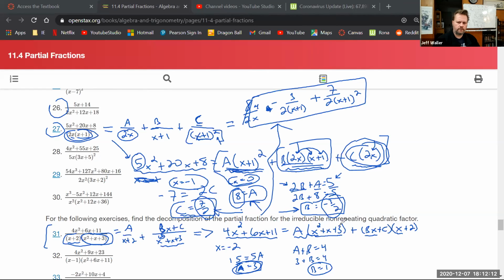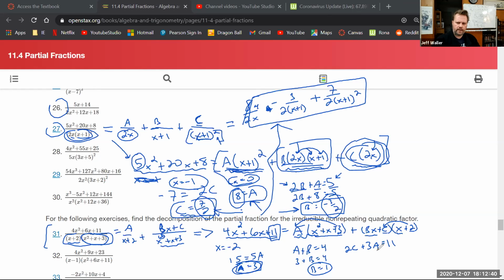And then one of the quickest things for C is that, see how you get 2C plus 3A? What's 2C plus 3A have to be? 11. That's the only, so the terms that have no x's must equal the term that has no x's.